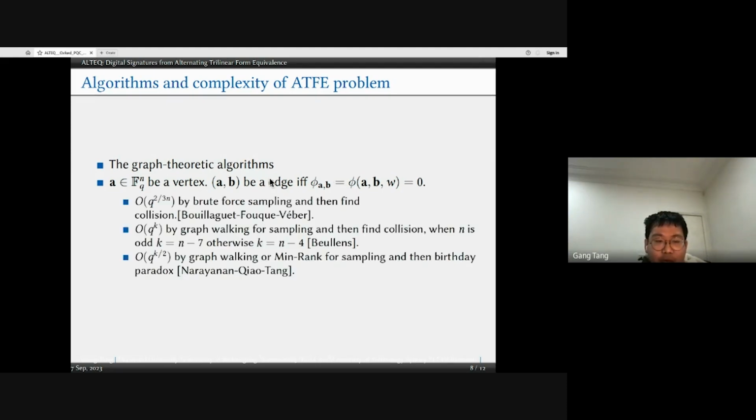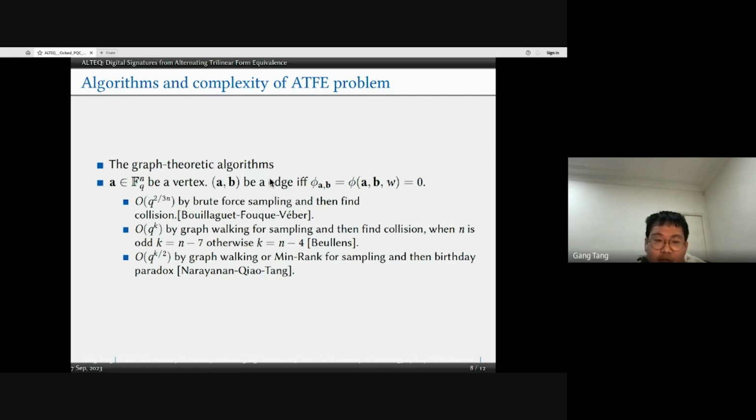There are three algorithms I will briefly describe here. The first one is of complexity big O of q to the 2n over 3, proposed by Bouillaguet, Fouque, and Véber.